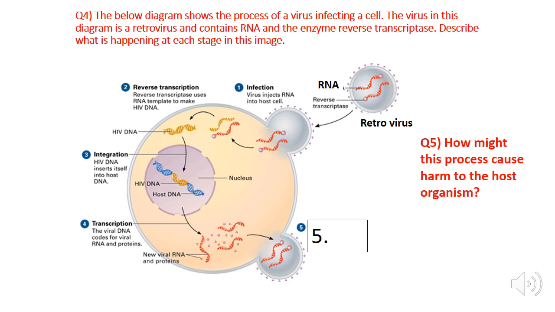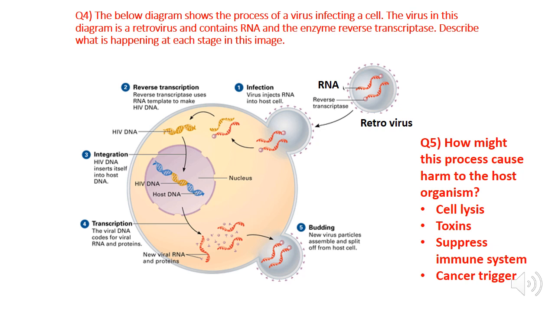You then get transcription. So the viral DNA codes for viral RNA and proteins. It makes new viral RNA and proteins, which then bud off, and the virus particles split off from the host cell. So all of this could cause harm to your host organism through cell lysis, through creating toxins, suppressing your immune system, or triggering some cells to become cancerous.